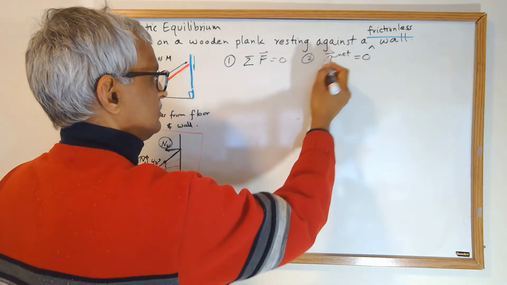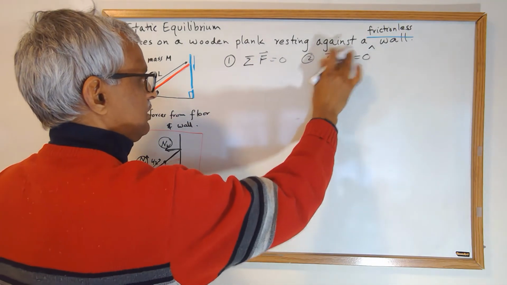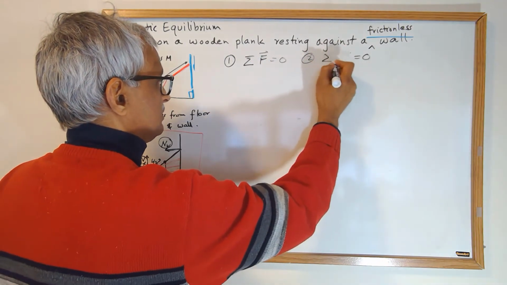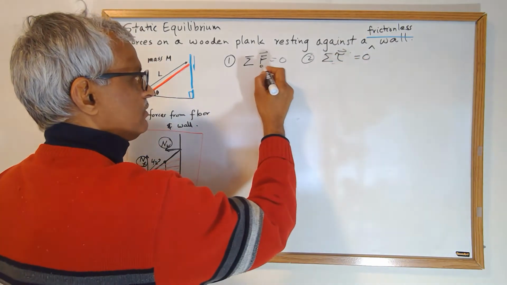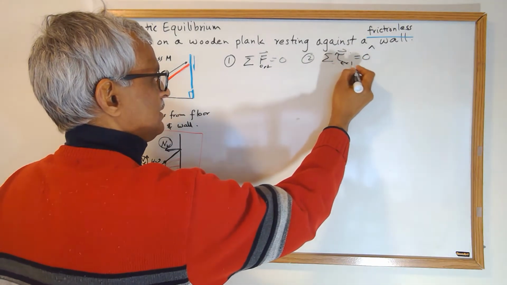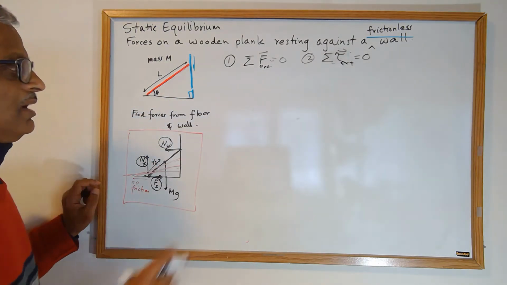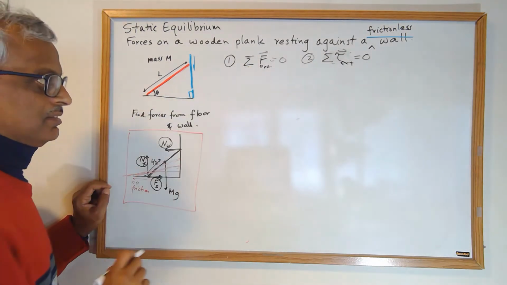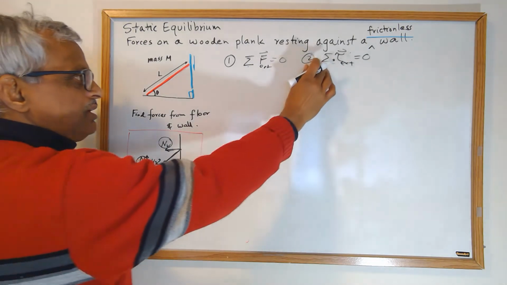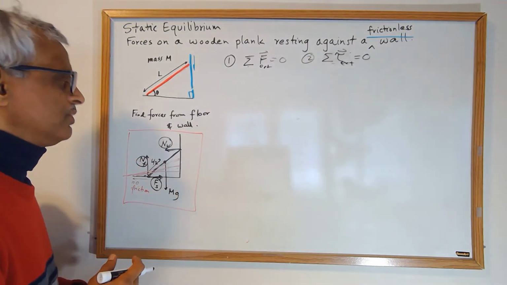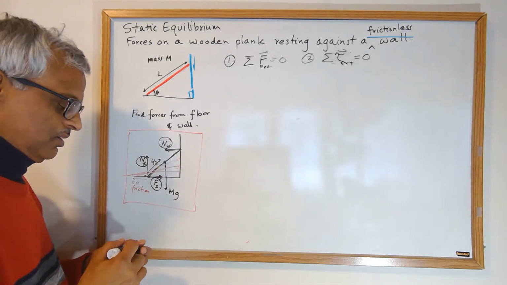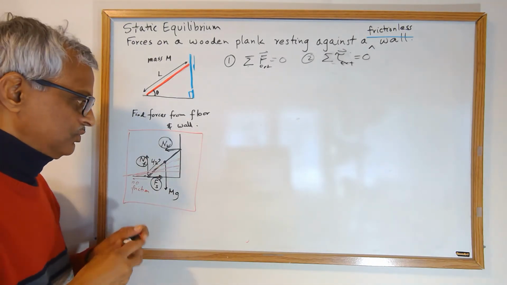So the torque about any point, with the same notation, is also 0, and these are all external forces. This symbol means get a net, add them up. When you add up the torques, you have to also be cognizant of the fact that torque can be counterclockwise or clockwise in this situation.